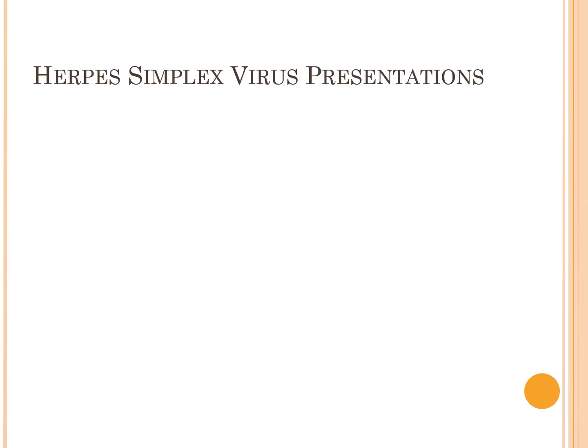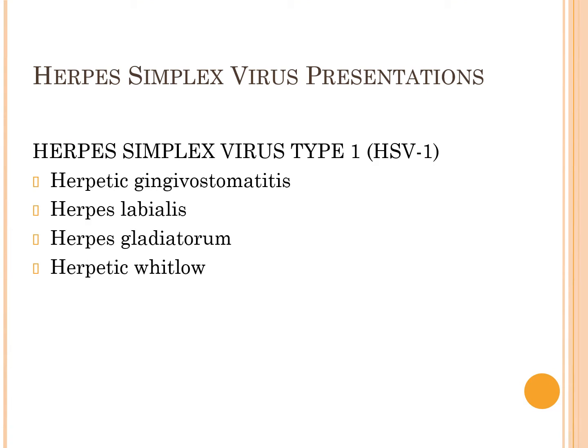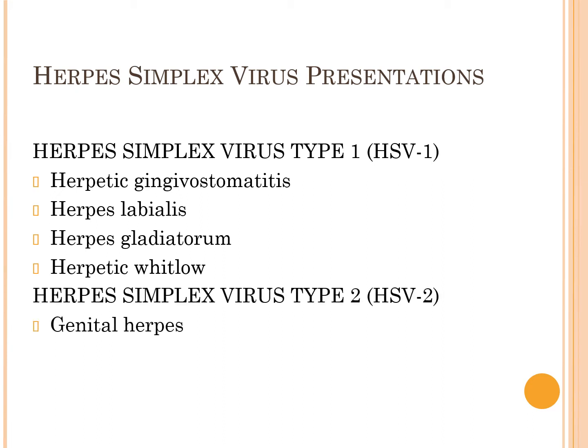Herpes simplex viruses present in a variety of ways, and for our discussion today, we will learn about these 4 types of herpes simplex virus type 1 infections, namely Herpetic Gingivostomatitis, Herpes Labialis, Herpes Gladiatorum, Herpetic Whitlow, and the herpes simplex virus type 2 infection, genital herpes.